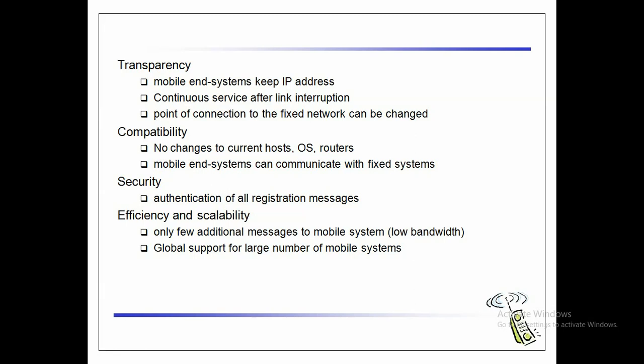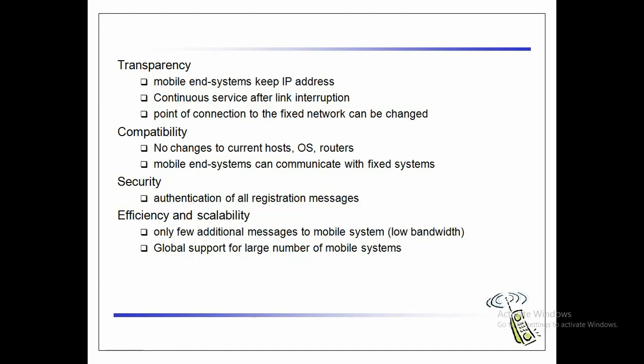Many mobile systems will have a wireless link for the attachment point, and global support for a large number of mobile systems. Many of them will have some IP implementation in between the different networks and require mobile IP. And it is very crucial for mobile IP to be scalable over a large number of participants in the whole internet as well as worldwide.